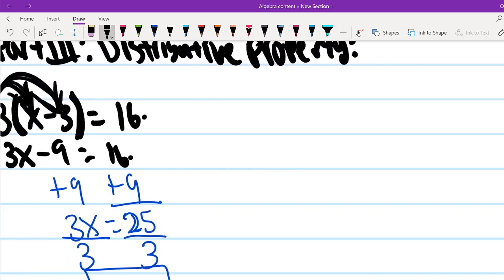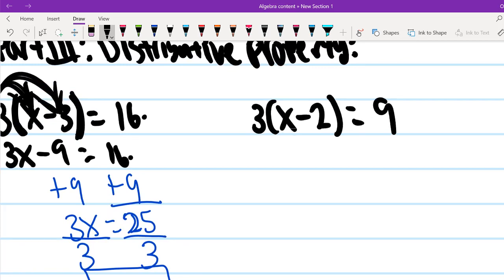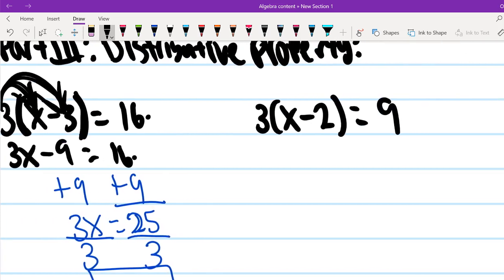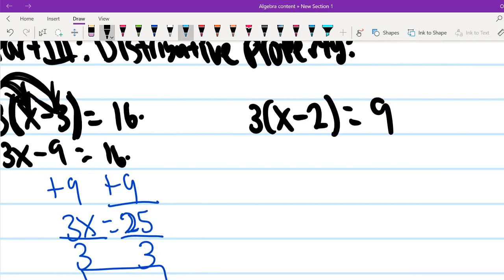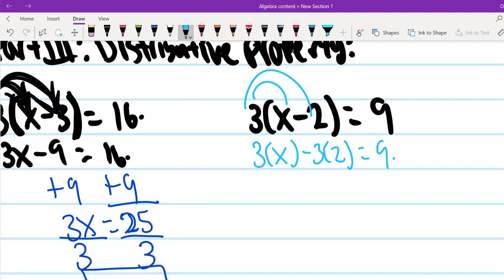So we have 3 times x minus 2 equals 9. So we would say 3 times x minus 6, or minus 3 times 2, equals 9.